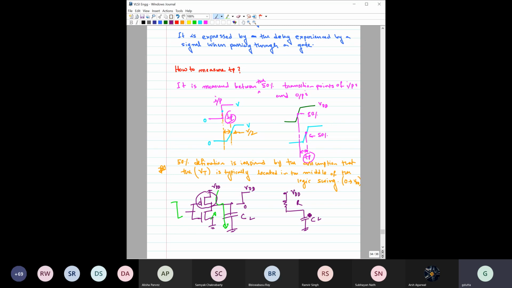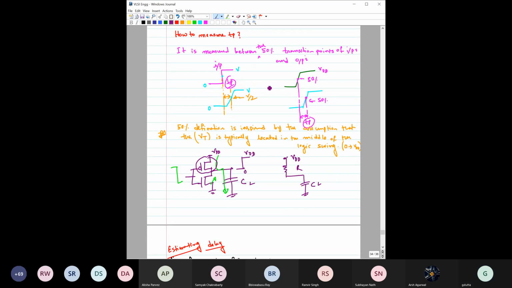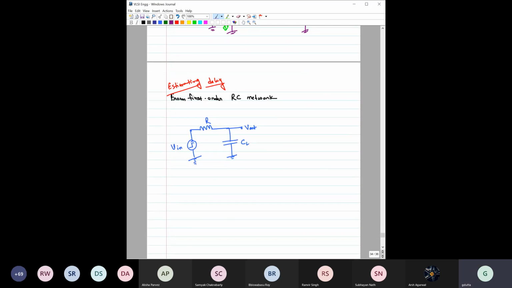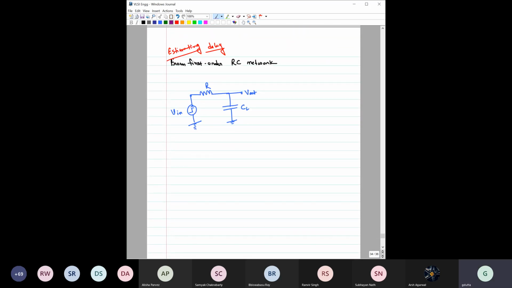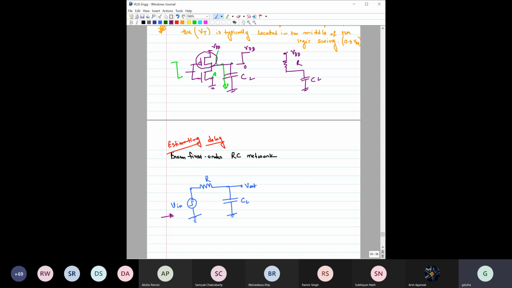So we often use the first order RC model to represent or to estimate the delay for these digital ICs, and that is also what we are going to do here. So we are trying to estimate the delay from the first order RC network, and I hope you have realized why I have drawn this type of circuit, because you can make a correlation between these two.